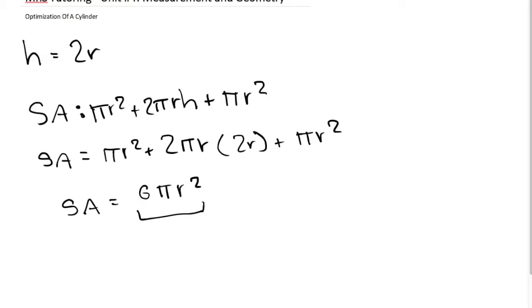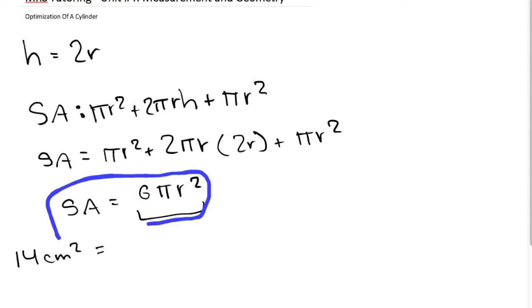So say for example you're given the surface area of a cylinder to be 14 centimeters squared. To find the maximum volume, all you have to do is plug 14 centimeters squared into this surface area formula, and solve for r.